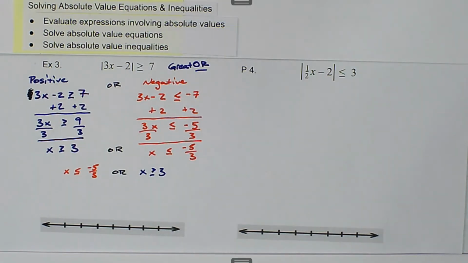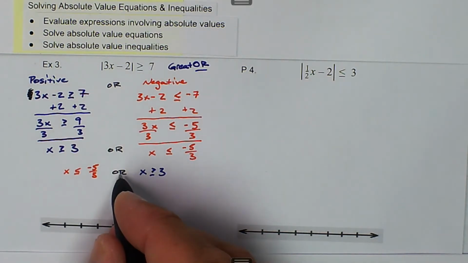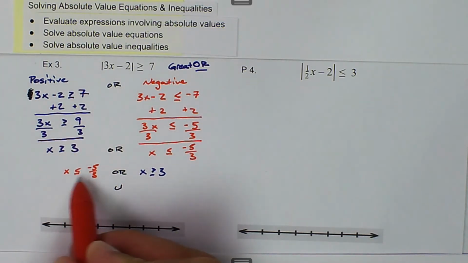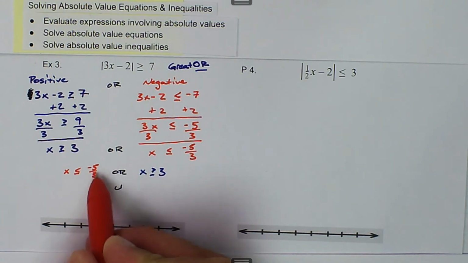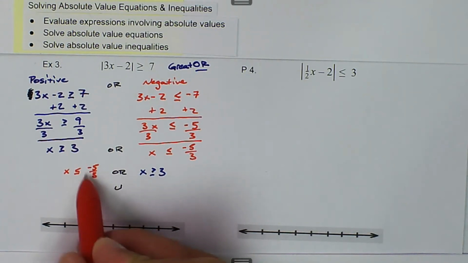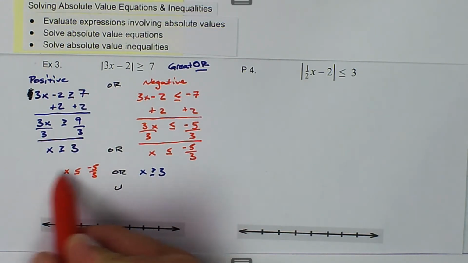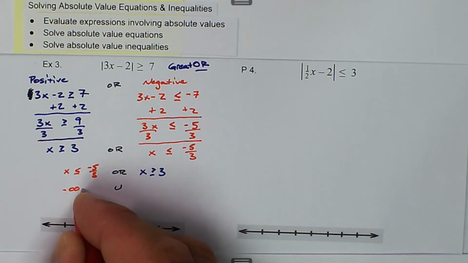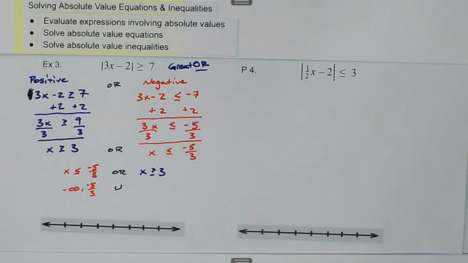That's set builder notation. Or means union. So then we can do interval notation. Negative 5 over 3 is the top limit. This arrow means it's going to negative infinity. So we know that this goes to negative infinity from negative 5 over 3.